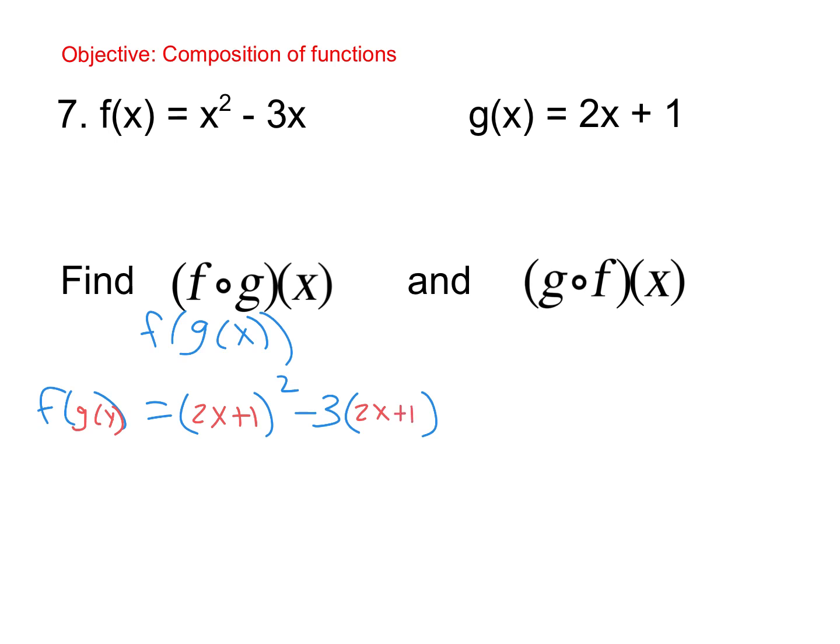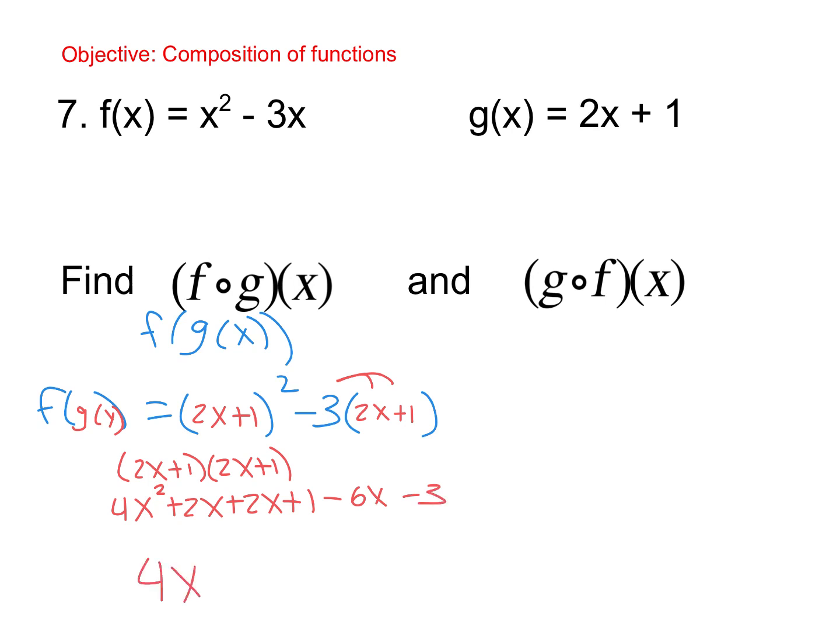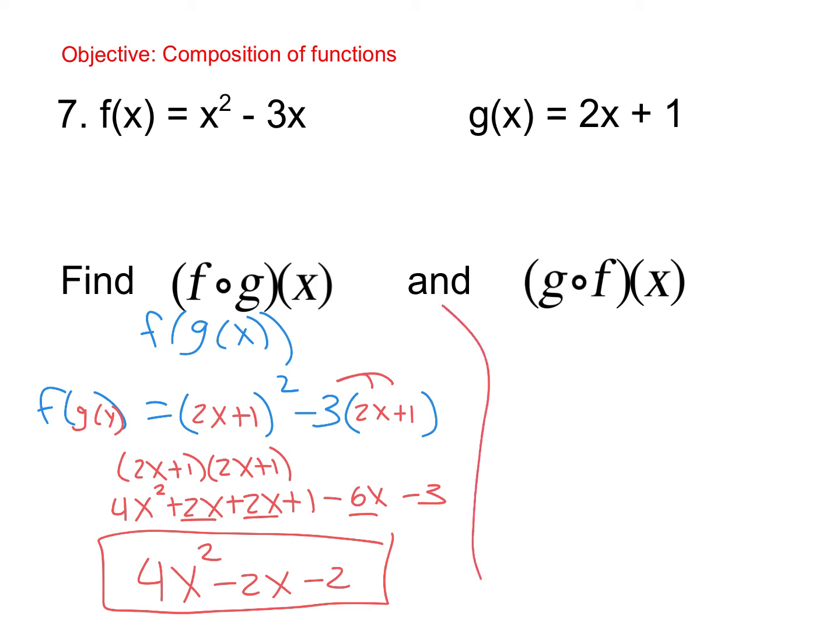So now I have 2x plus 1 squared, so I'm going to multiply that out. So I get 4x squared plus 2x plus 2x plus 1. And then minus 6x, I'm going to distribute, minus 3. So my answer is 4x squared, combine like terms, negative 2x minus 2. That one's a little harder.